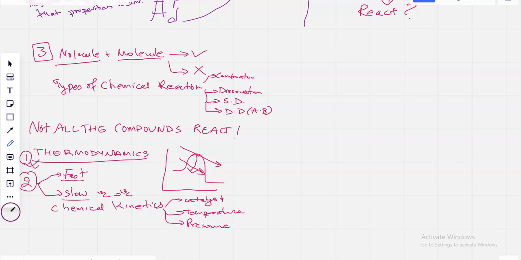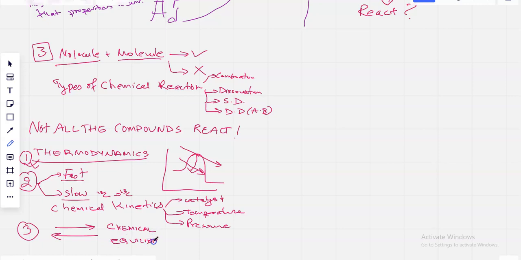So we covered thermo, chemical kinetics, and now not all reactions are one directional. There are also reactions which are going both ways, reversible chemical reactions. So this brings us to the whole chapter of chemical equilibrium.